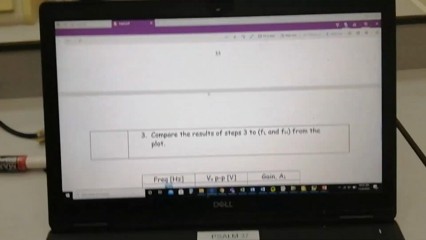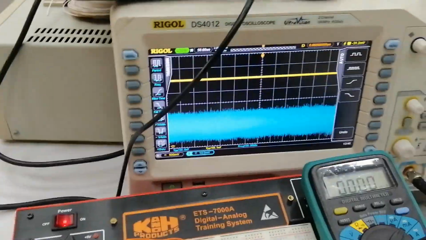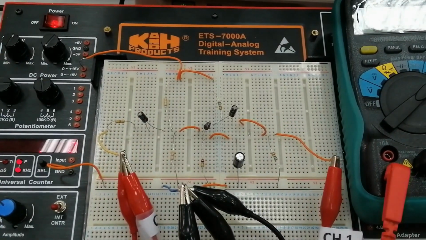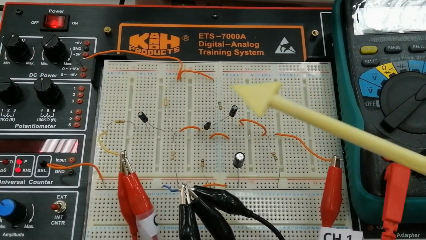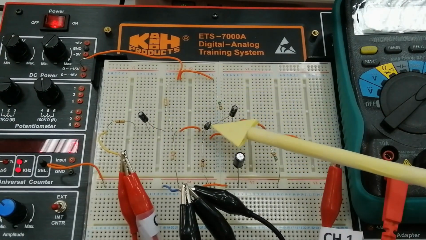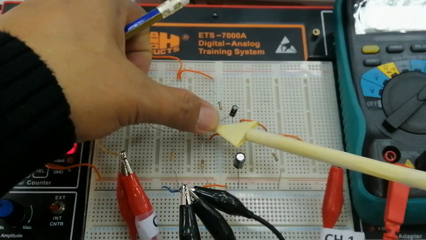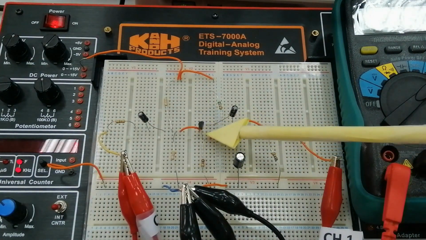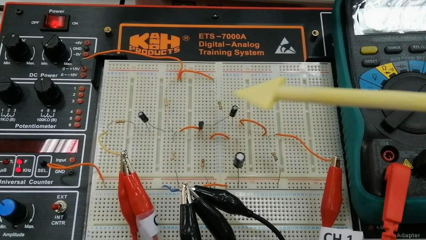Now let us go to our circuit. Here in front of us is your circuit. This capacitor is now 1 micro. This is our transistor 2N3904. This is the emitter side, base, and collector.